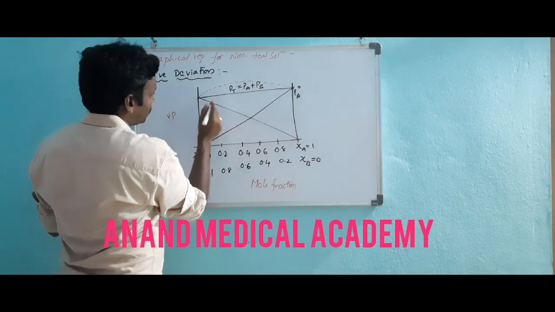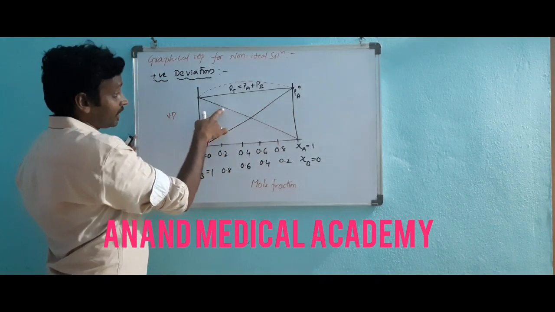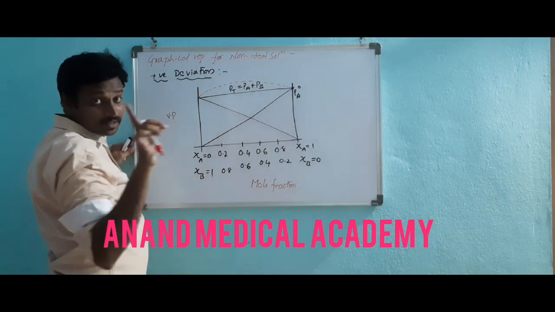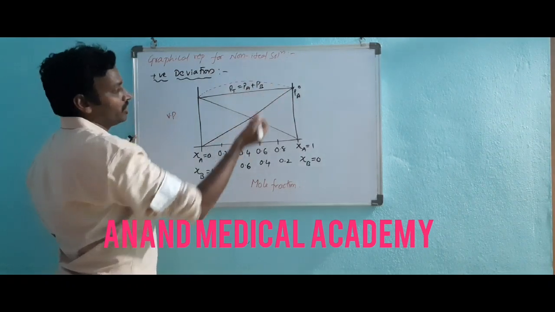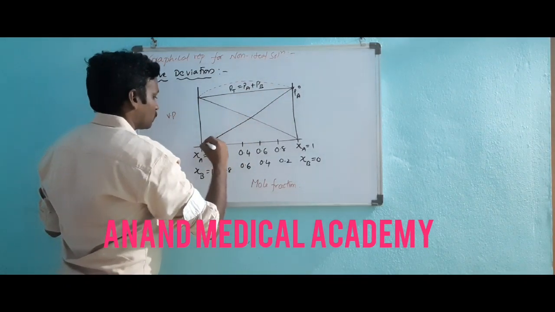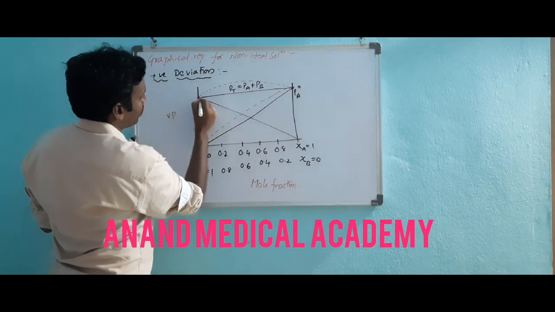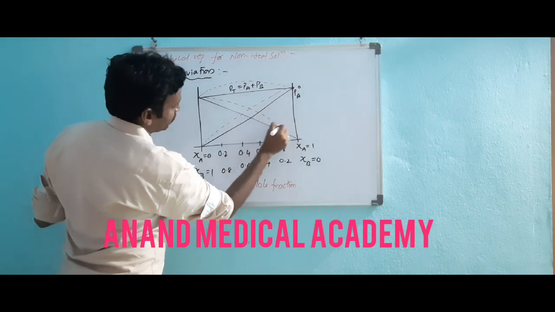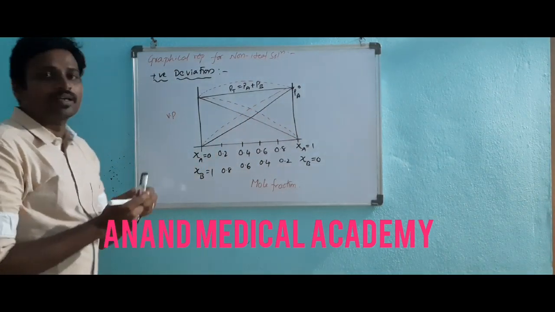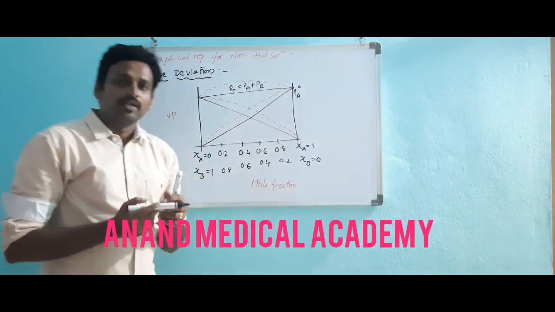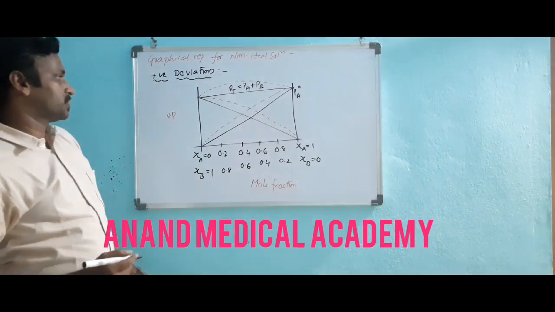The straight lines are for ideal, not for non-ideal. This one is the deviation. Positive deviation means you have to draw above, like this. So this is the graphical representation for solutions showing positive deviations.